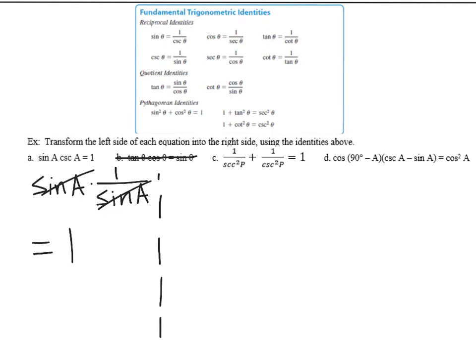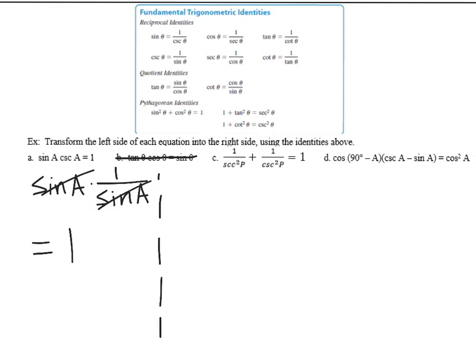Okay. Same thing here. 1 over secant squared plus 1 over cosine squared equals 1. I'm going to stick with the reciprocal. Okay. Now, even though the reciprocal identities don't show trig functions with powers higher than 1, like 2, what we have in this case, it still works. Okay.